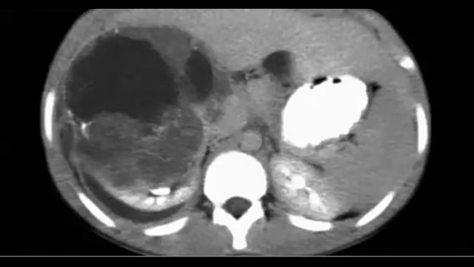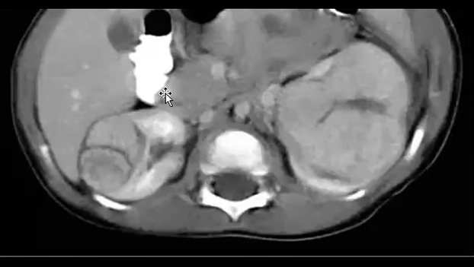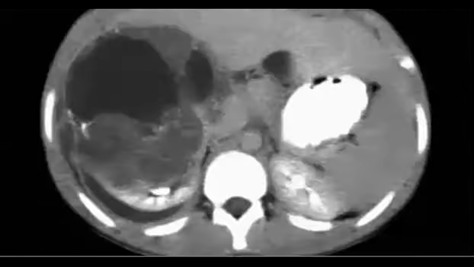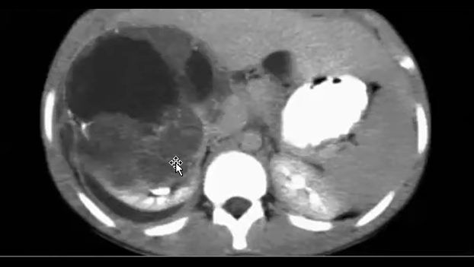The calcification is more common with Wilms, like this one, but this one is not. Sorry, the calcification is more common in this one. Yes, as you see, there are some calcifications. Also, the vascular and local invasion is more common in this one, as you see.